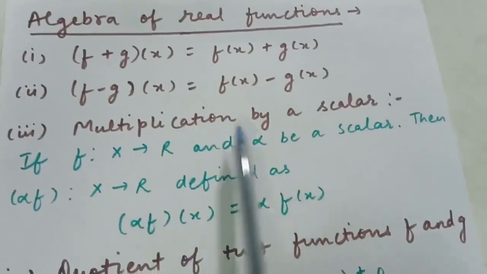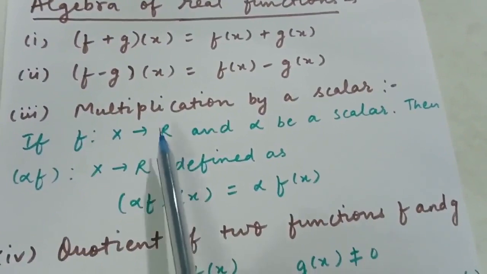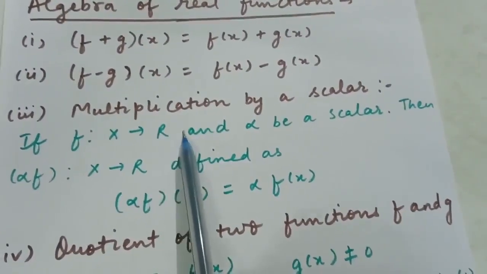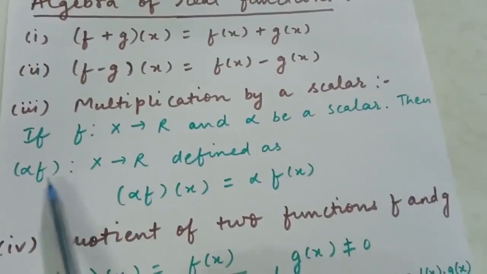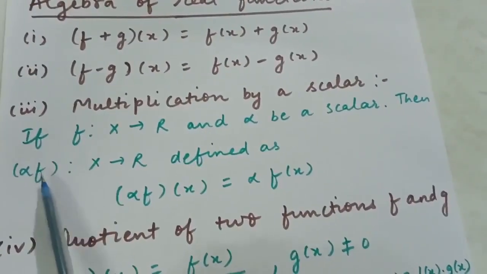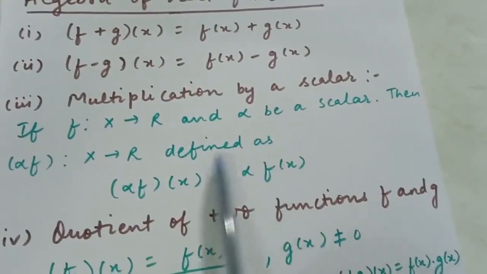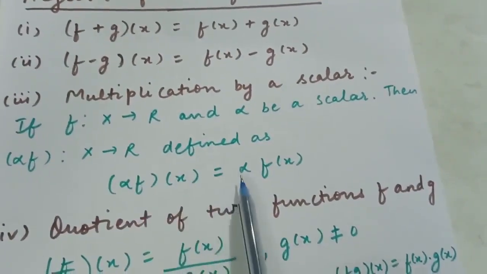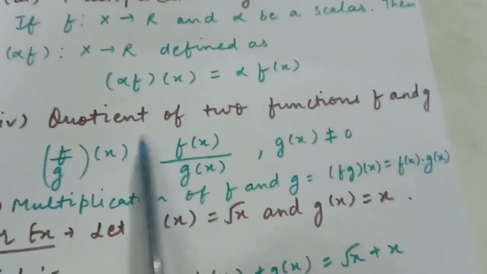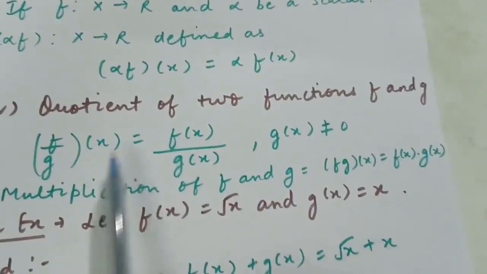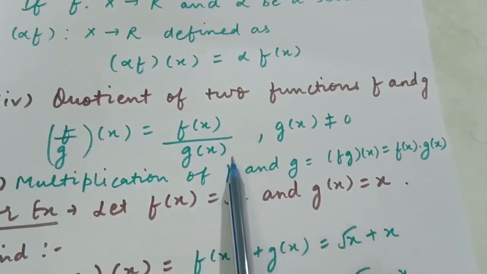If we multiply the function by a scalar, suppose f is a function from X to R, where R is the real set, and alpha is a scalar, then alpha f, that is multiplication of a scalar with the function, is also a function from X to R defined as (alpha f)(x) is nothing but alpha into f(x). The quotient of two functions f and g is (f by g)(x), which is nothing but f(x) upon g(x).